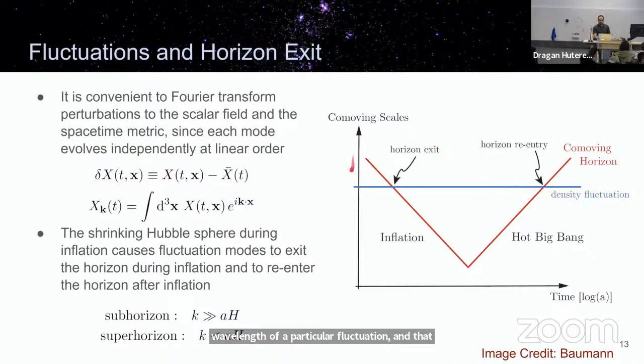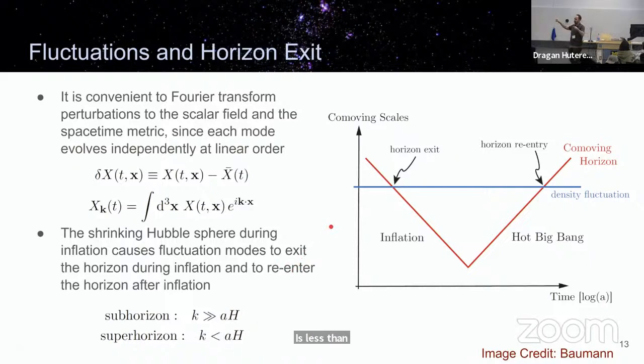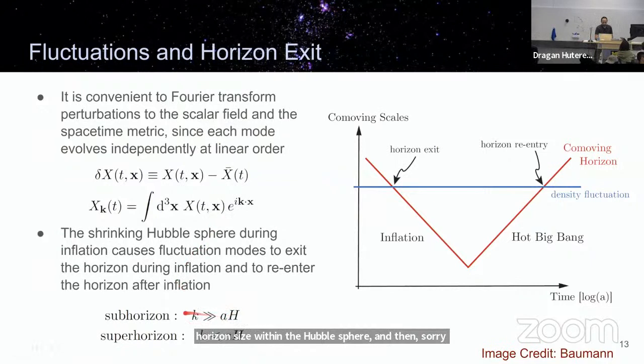And so this blue line represents the wavelength of a particular fluctuation, and that remains constant on this type of plot. What you can see is that that mode is going to start its life inside the horizon, by which I mean k is much greater than aH. Roughly, this means that there are many oscillations of that wave mode within the horizon size, within the Hubble sphere. Sorry, I pointed at the wrong thing. Subhorizon means k is much greater than aH, which means that the wavelength is short compared to the Hubble sphere.